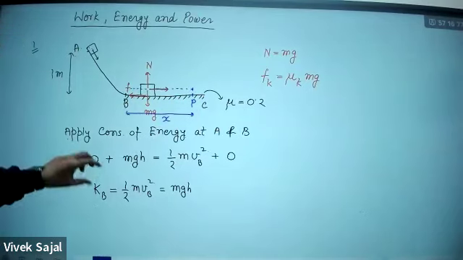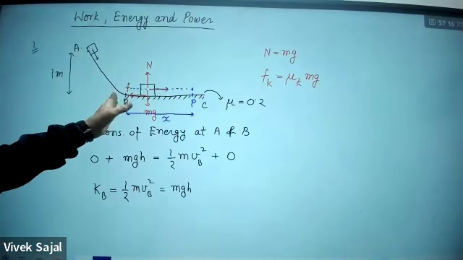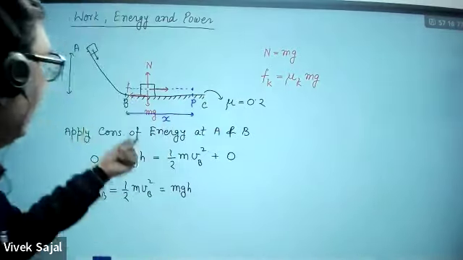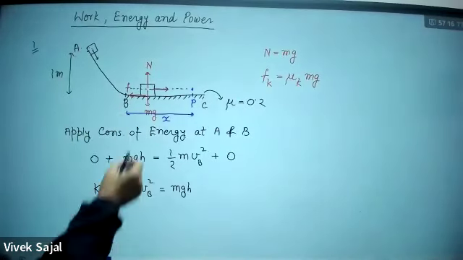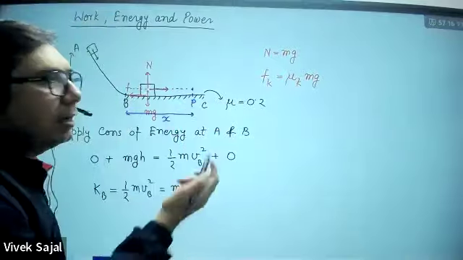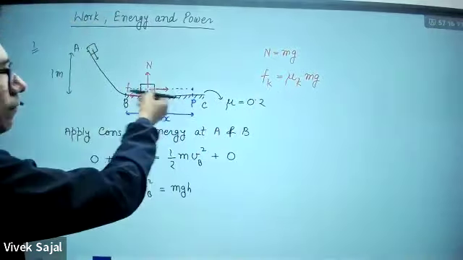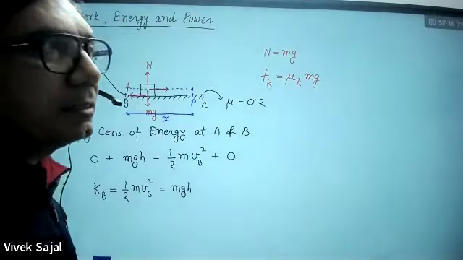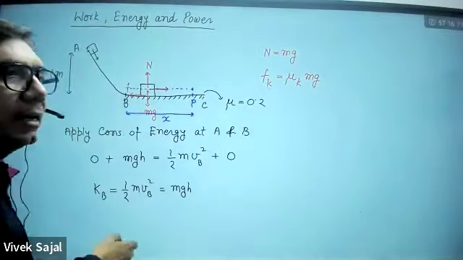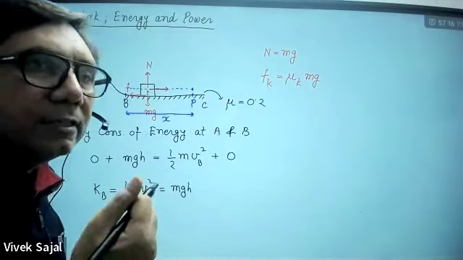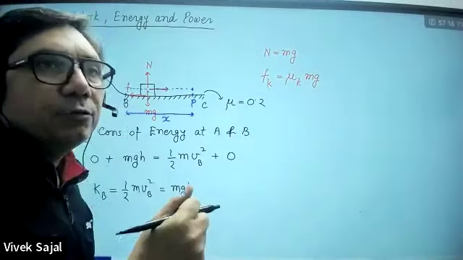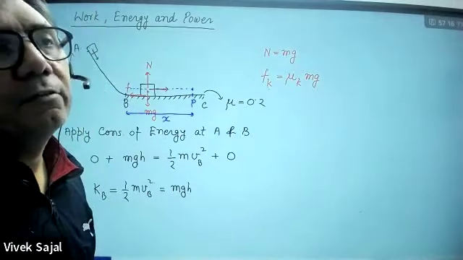So at the cost of this kinetic energy, I am assuming this block will reach point P, which is at a distance x from B. The block is doing work against the friction force, because the friction force is in the opposite direction. And it is able to do the work because it has kinetic energy, so it has the ability to do work against the friction force.